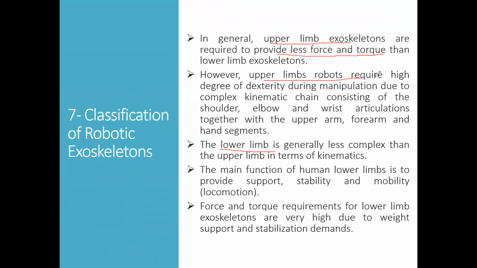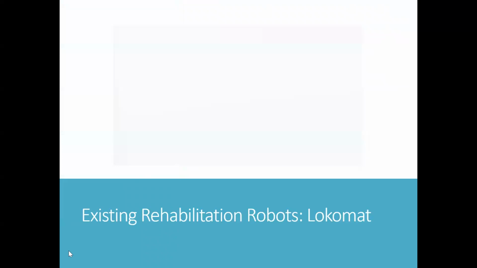But upper limb robots require more complex motions because we do complex manipulation with hands, and legs are only used for walking on different terrain. So the force and torque requirements are different, and the dexterity requirements are also different. Depending on the application, the robotic exoskeletons have to be designed accordingly.